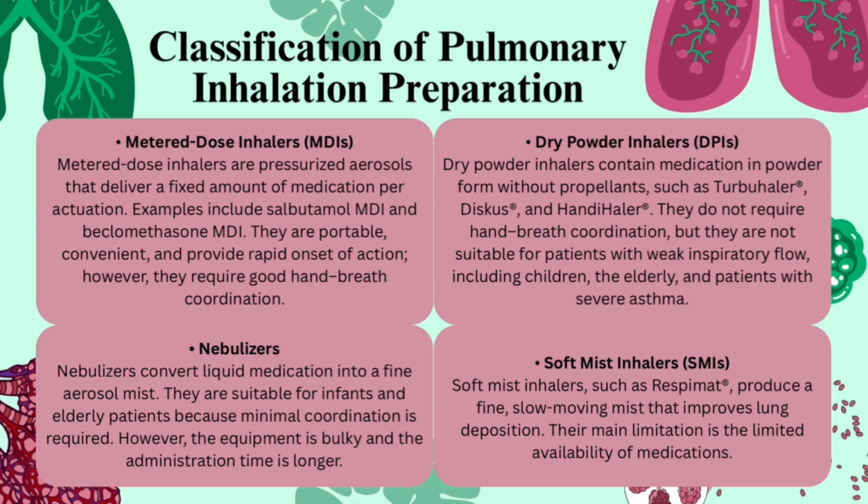Metered dose inhalers are pressurized aerosols that deliver a fixed amount of medication per actuation. Examples include salbutamol MDI and beclomethasone MDI. They are portable, convenient, and provide rapid onset of action. However, they require good hand-breath coordination.